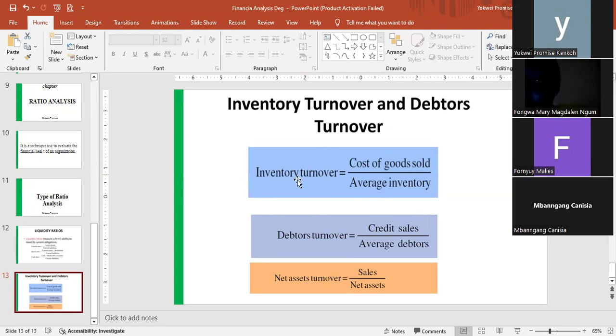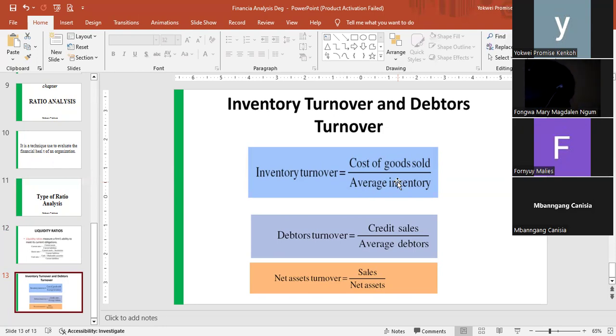With this ratio, it is going to measure your turnover with respect to your average inventory. We are using the average inventory here. We don't use only the inventory, but the average inventory, because the inventory throughout the entire period of the business is not going to be constant. So we always calculate by the average.